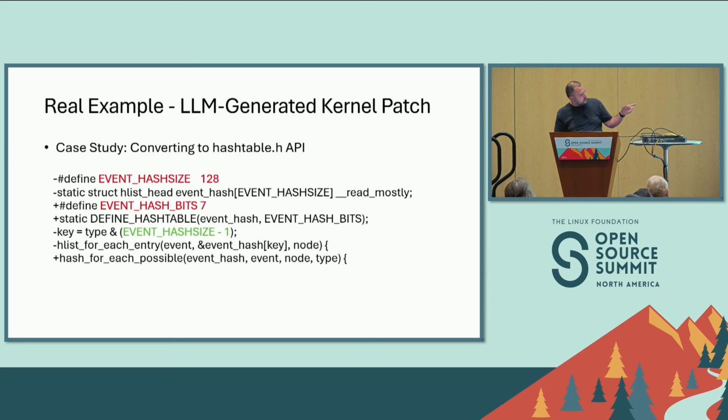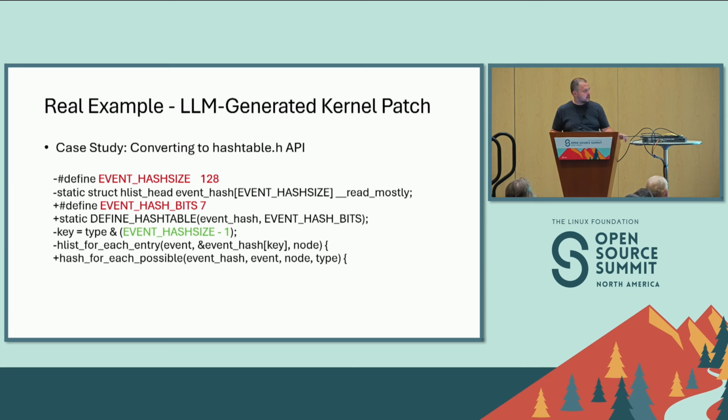If you look back at the previous slide, you also notice that the LLM was smart enough to understand that variables need to be changed. In the open-coded implementation, the hash size is just 128 buckets for the hash table. But in our standard API, the size is spelled out in bits. And the LLM knew by itself that it needs to do that conversion to go from 128 to 2 to the power of 7, which is the same number.